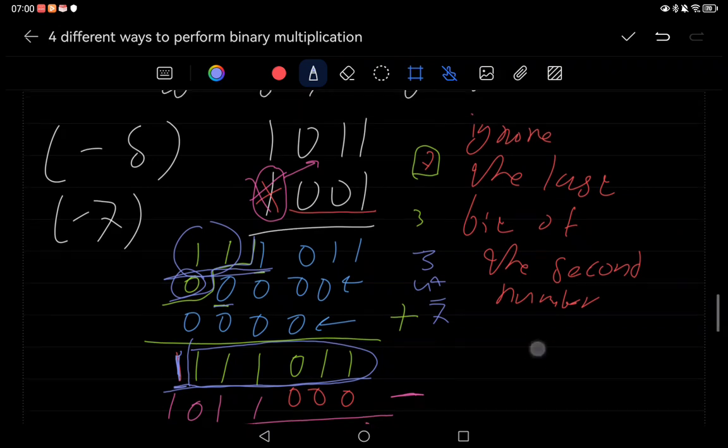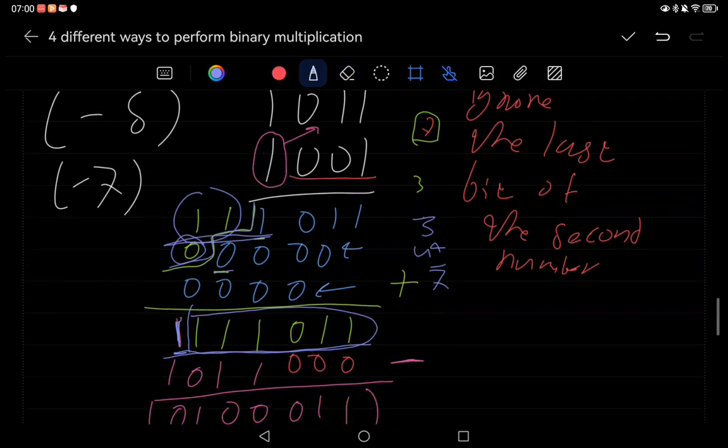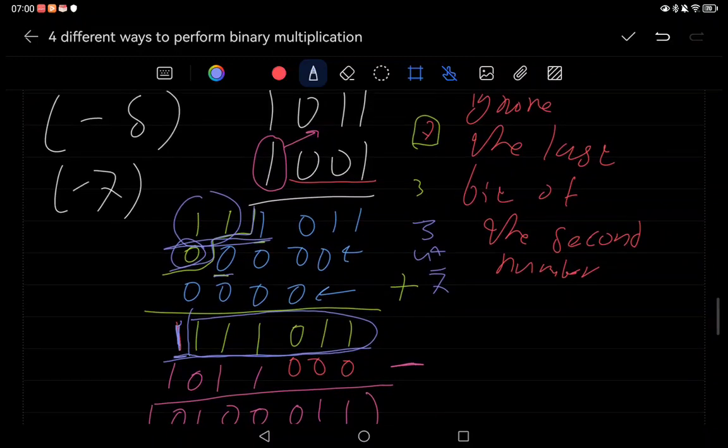And the last step is multiplying the number that we ignored at first, which is the 1, with the first number. We multiplied it, but first I started with 3 bits, so I will add 3 zeros here. 1, 2, 3.